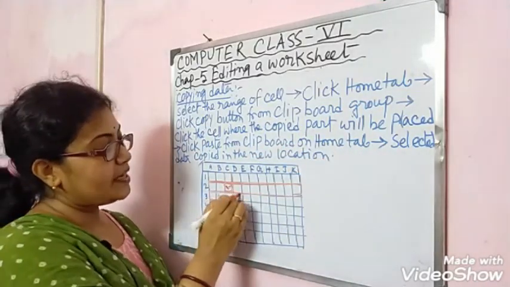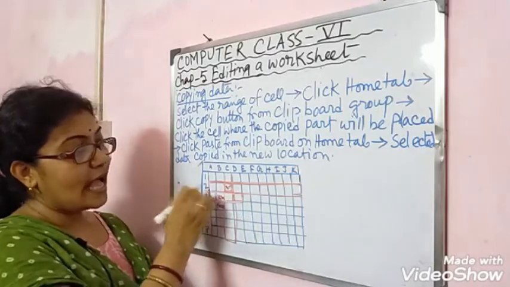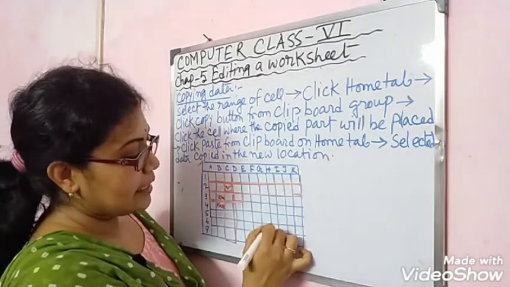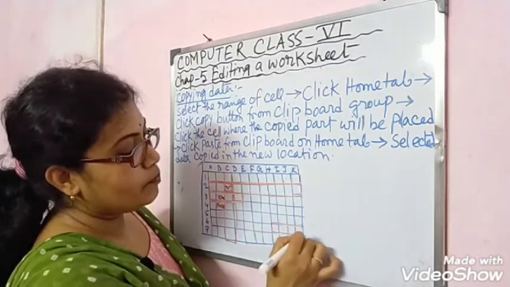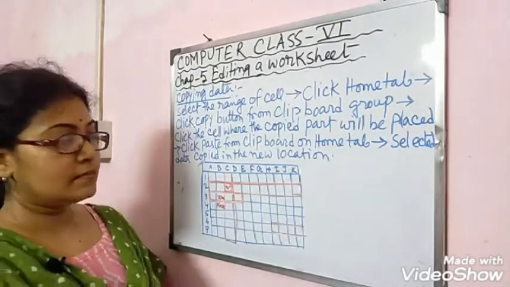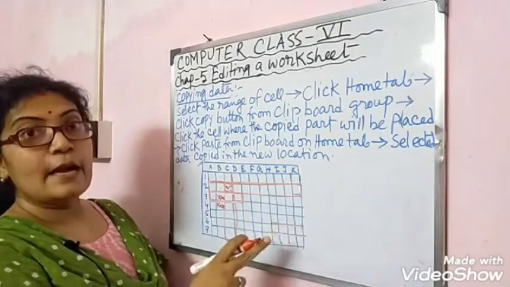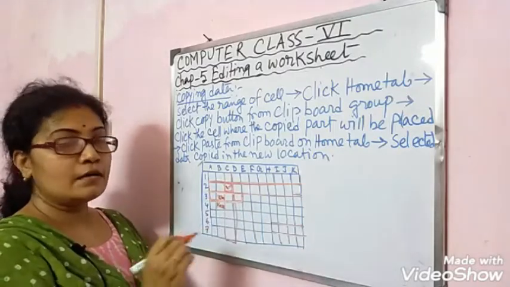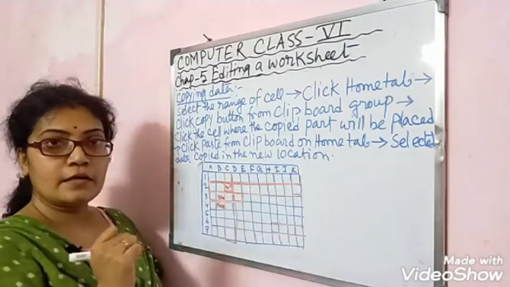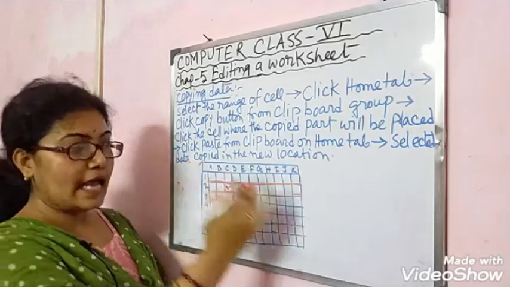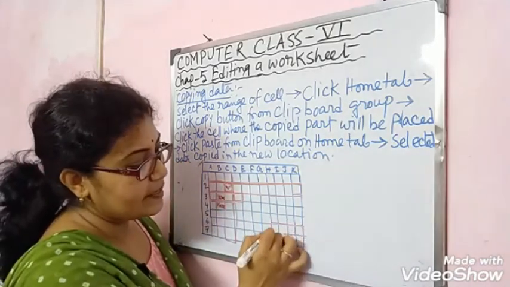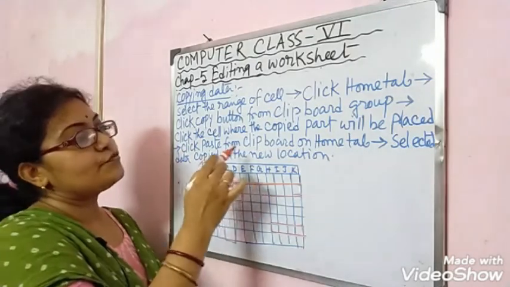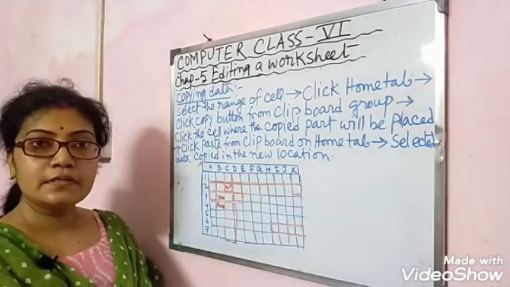Suppose I copied these 4 cells and I want to paste them in that part. Here the data is the same and there also the data will be the same. Then click Paste from Clipboard on the Home tab.